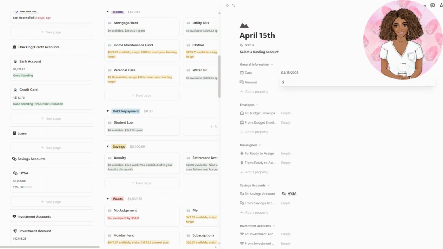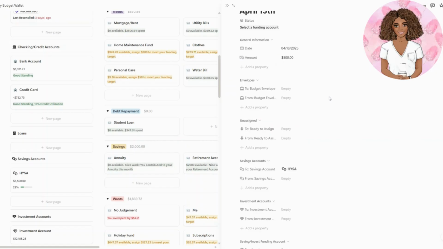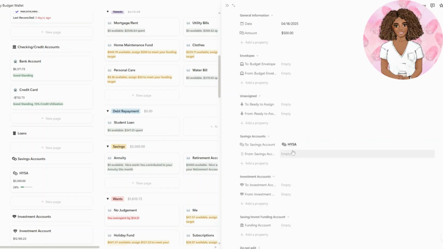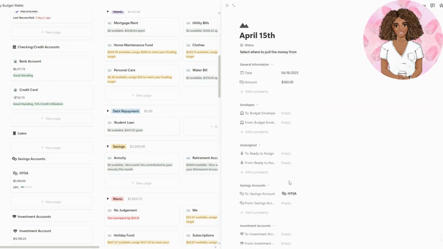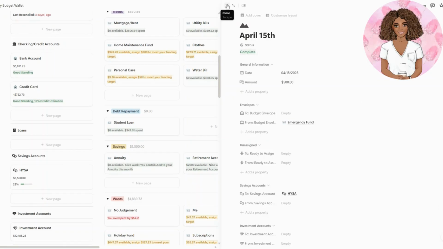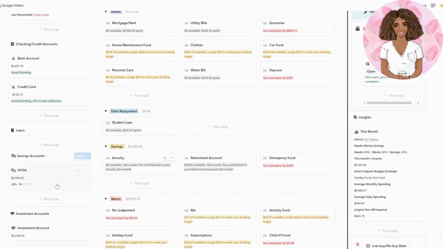It was $500 to my savings. The funding account, the money came out of my checking account, and this money is going to come from my emergency fund envelope. Okay, and now that is complete. So we can close that.